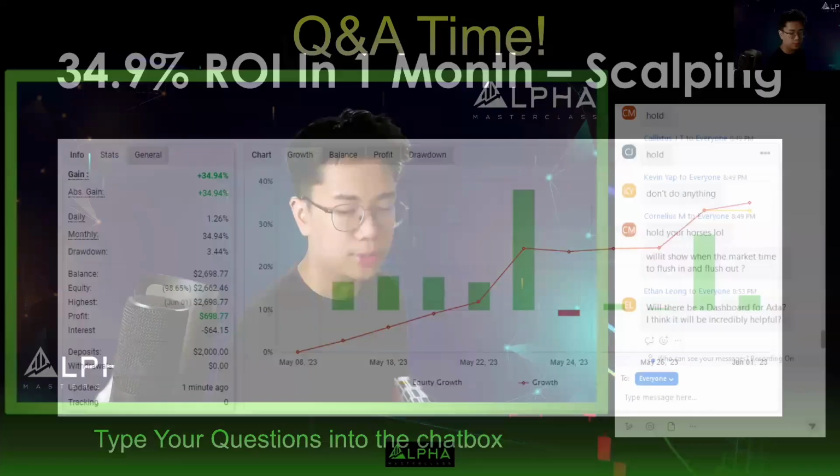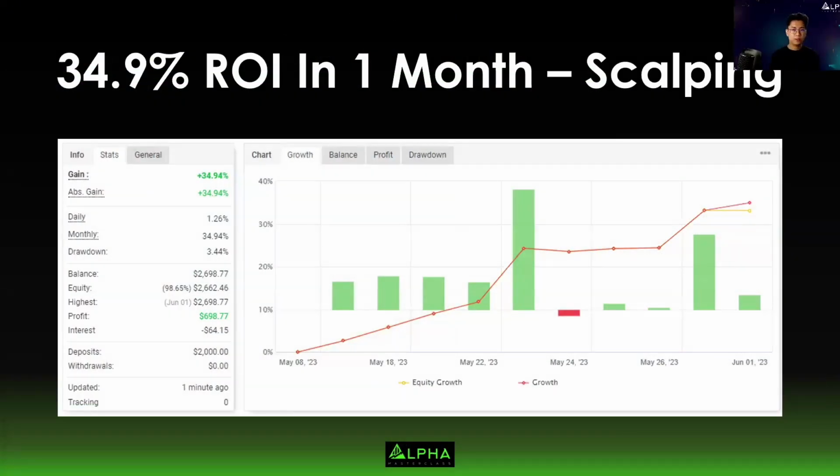Just to share with you guys, this is the result if you're using the ADA bot together with the Scalping Auto Exit bot to do the trade, and following the right risk management tools that I've been teaching you since day one until now. Essentially this is the potential result you can get, which is 34.9%.